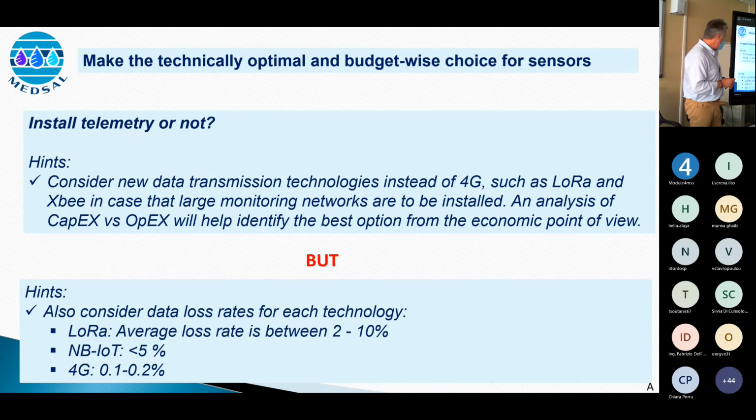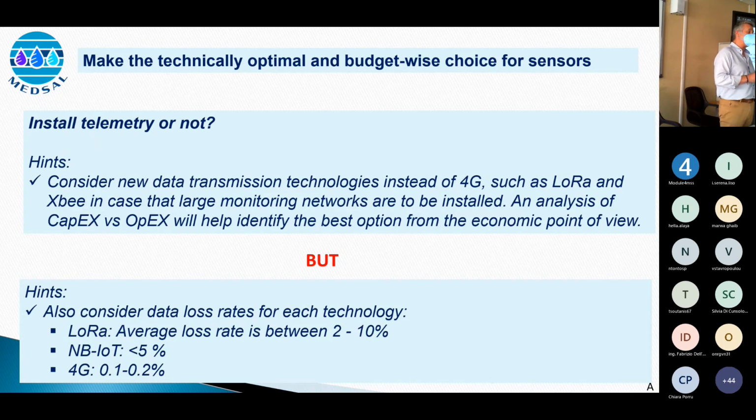Another option you could explore, and you should explore, is what exactly type of protocol you are going for, also having in mind that nothing is perfect. If you go for a GSM protocol, which would be 4G, 3G, or 2G, and mind you that 3G and 4G are probably going to be abandoned as data transmission protocols in the coming 1 or 2 years.